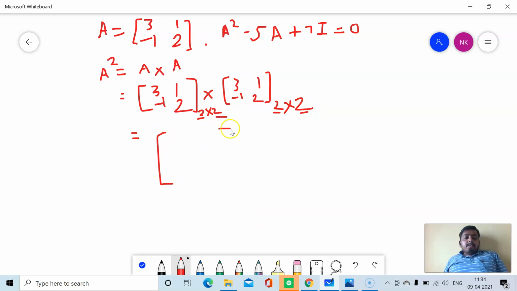So that means it will be a 2 by 2 matrix. Now we will do the multiplication.